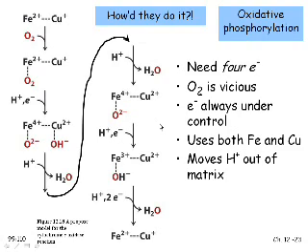So let's start with 1 molecule of O2, and it's going to bind at the iron-copper center, interacting with the Fe2+. So we have 1 molecule of O2 bound here. We start feeding in electrons that are coming from cytochrome C, protons from wherever.